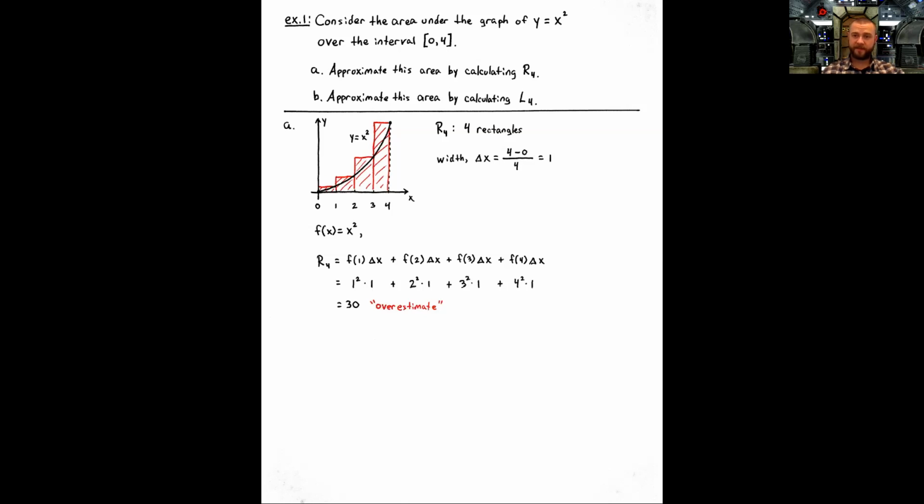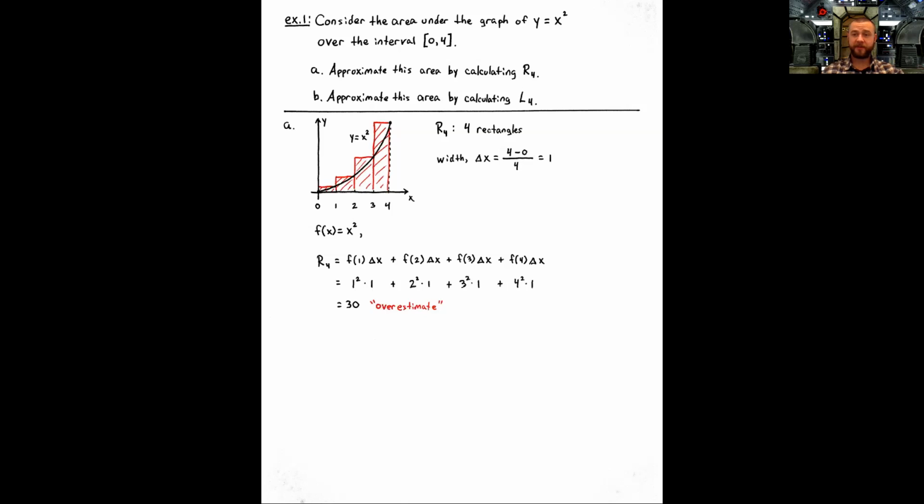Now, the function value is just representing the height. We have to multiply the height by the width, delta x, which we calculated as 1, the width of each rectangle. This is a nice calculation since the width, delta x, equals 1, so it's really simple.